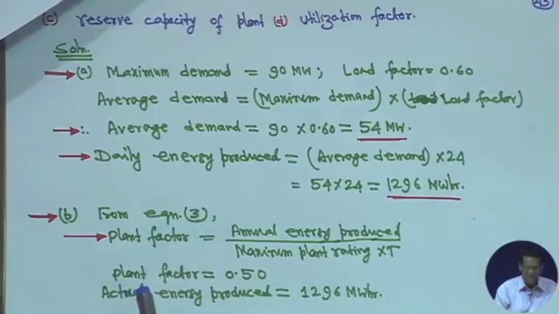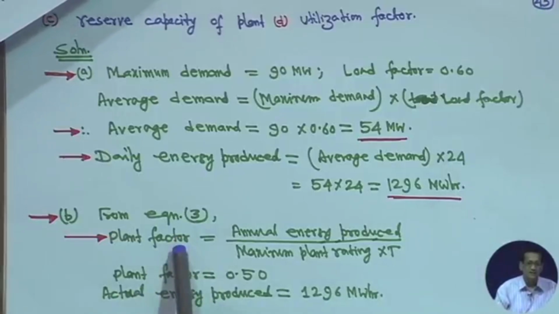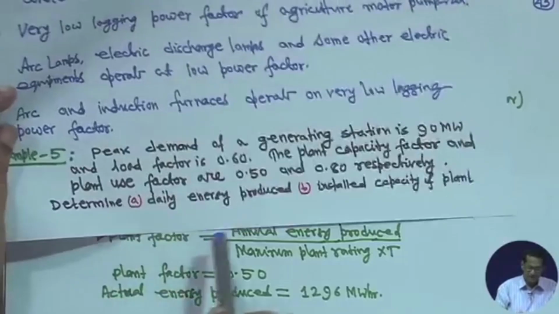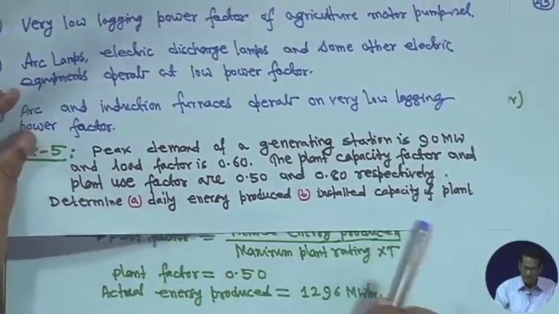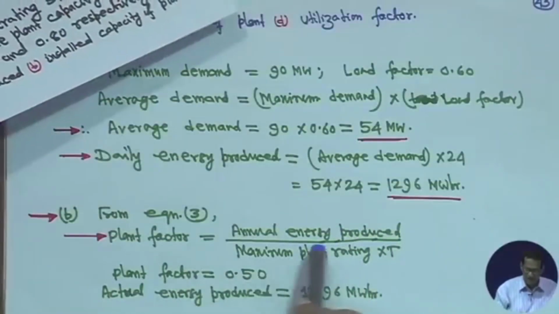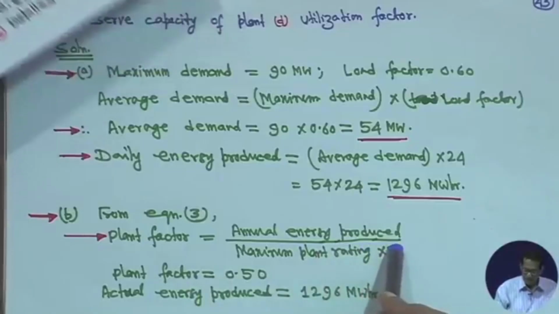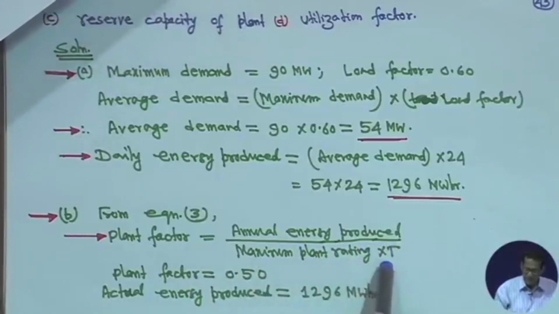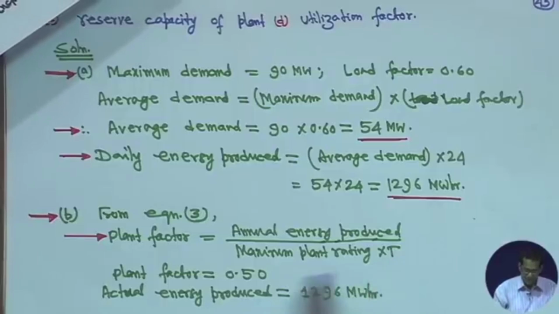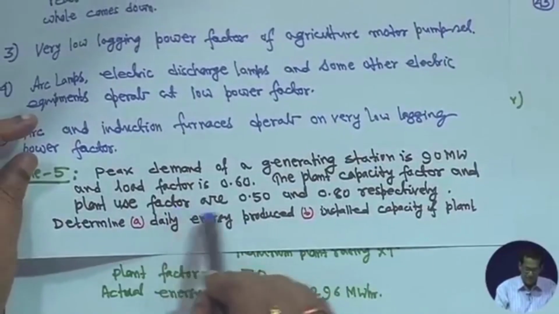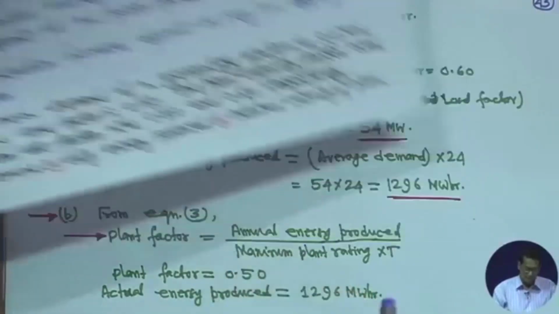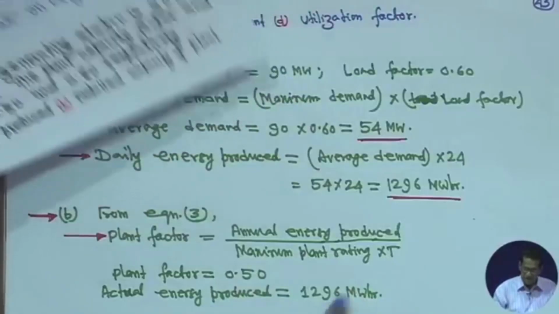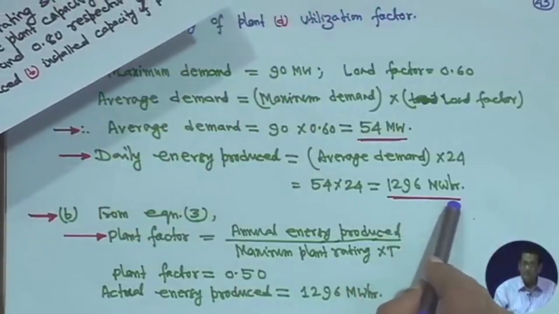Now from equation 3, plant factor is equal to... this is part B, where you have to find out the installed capacity of the plant. Plant factor is equal to actual energy produced divided by maximum plant rating into the time. Plant factor is given as 0.5, and actual energy produced you have already got, 1296 megawatt hour.